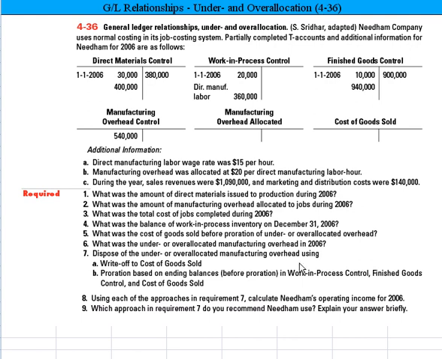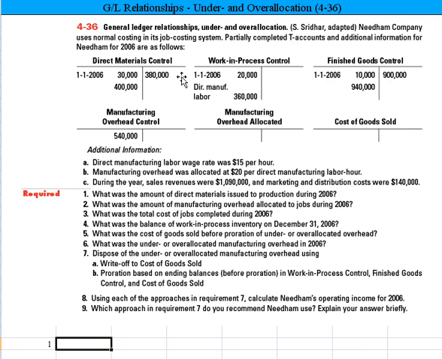So let's take a look at number 1. What was the amount of direct material issued to production during 2006? Okay, I'm going to just work this one down here. If we look at the direct materials control account, it looks like we started off with 30,000, and we had purchases of 400,000, but something was released of 380,000.